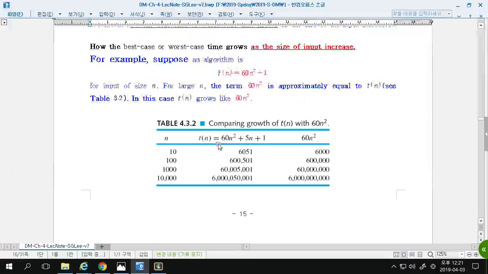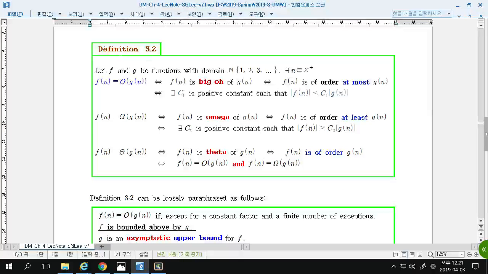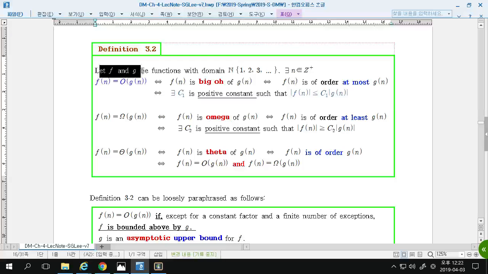So when we see this algorithm, all we need to consider is this largest term. That's all that counts. With those ideas in mind, we define the terminology of asymptotic notations. Let f and g be functions with domain N, the set of natural numbers.